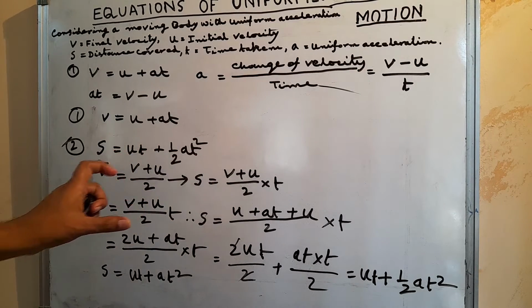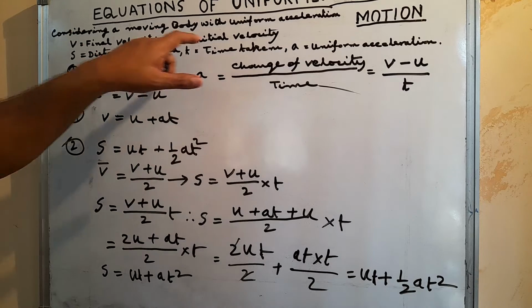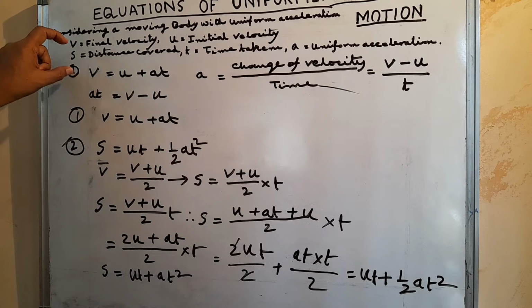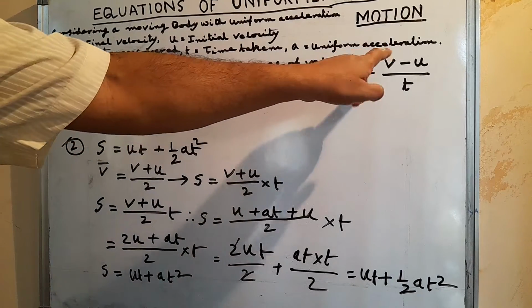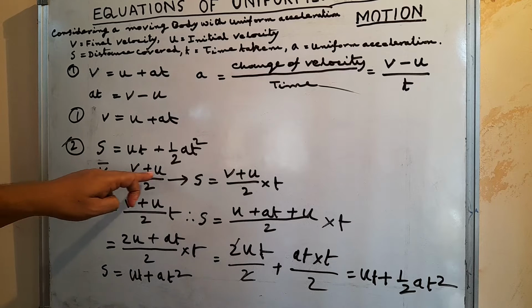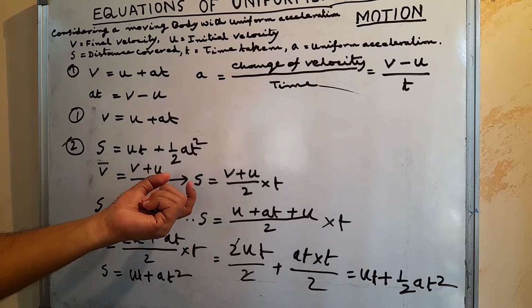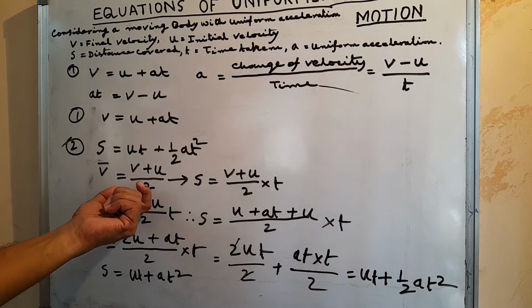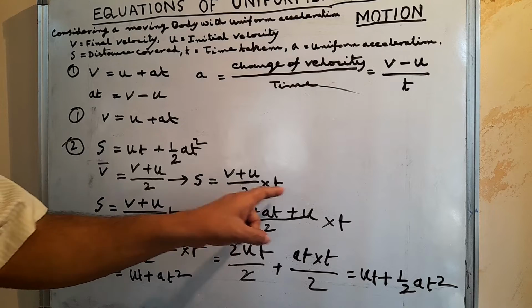Now we will try to derive this equation again. When a body is moving with final velocity v, initial velocity u, distance covered s, time taken t, and a is the uniform acceleration, then the average velocity of this body is v plus u by 2. The distance derived from this average velocity is s equal to v plus u by 2 into t.